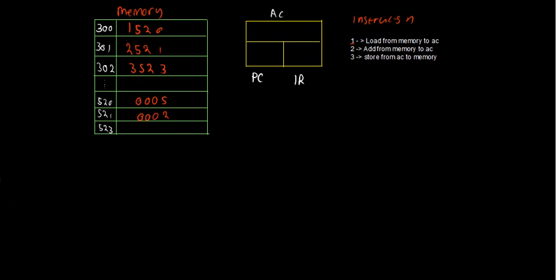When your CPU is executing your program, there are 2 execution cycles. You have the fetch, then you have the execute.